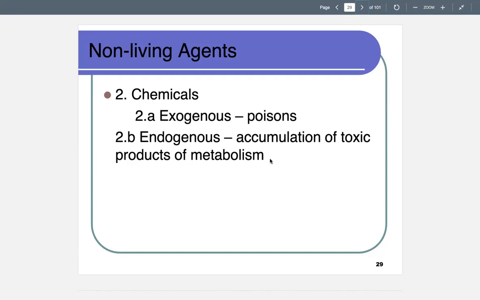O yung itinatawag nilang mataas na dosage ng drugs o pag naabot yung threshold ng drugs in our body.